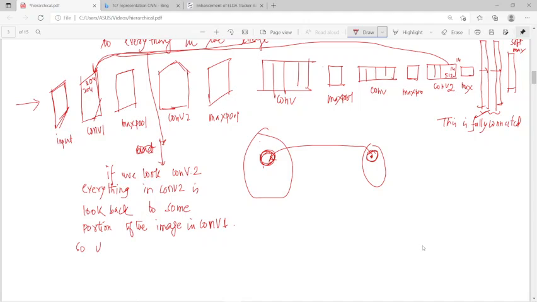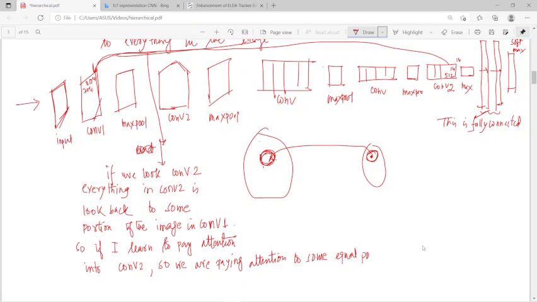That means if we learn to pay attention in convolution 2, we are also paying attention to some equal portion of the image. And this is fully connected, so we don't know which dimension corresponds to location 1 or location 2.